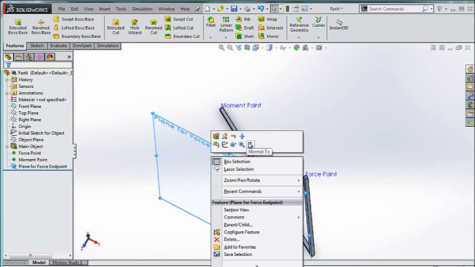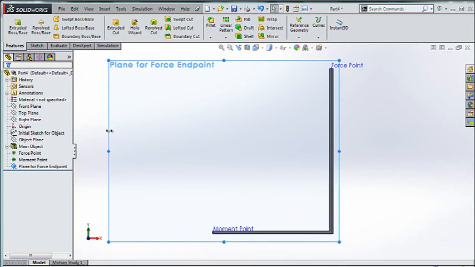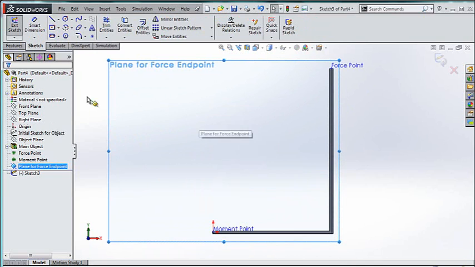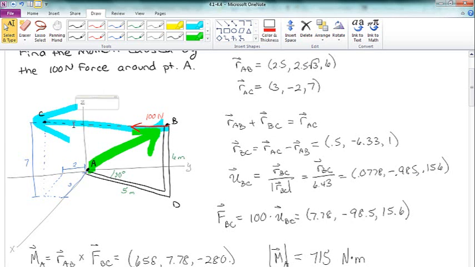All right, right click, normal to. Now this is actually going to go considerably off to the left, so I can go ahead and extend it, although it really doesn't matter. And I'm going to create a sketch. I'm going to make a line. Basically what I'm going to do is draw a line that goes 2 out and 7 up.